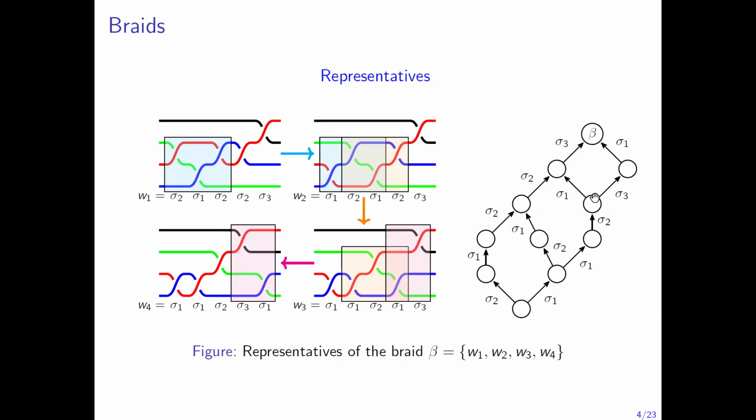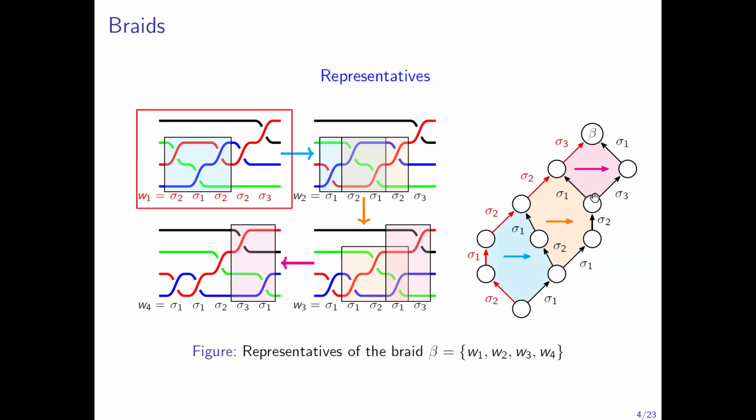Each arrow is a letter, so each path represents a word. And what's nice is that we can recover every word just by reading the path from the bottom to the top. In this context, cells represent relations because there are two different ways to obtain the same braid.